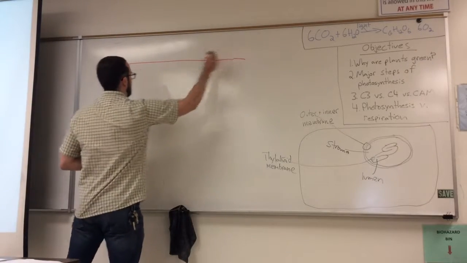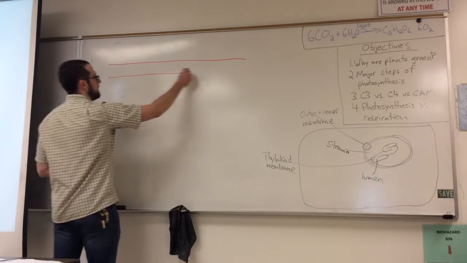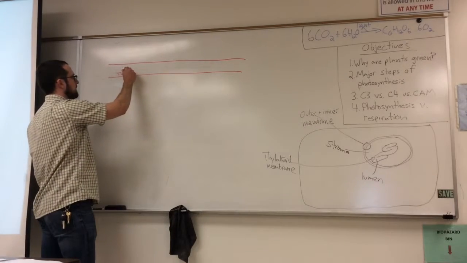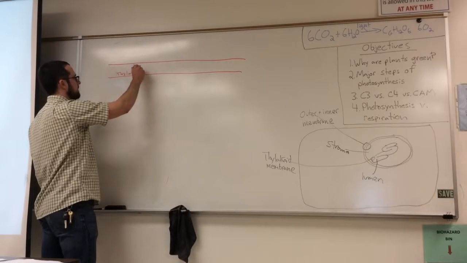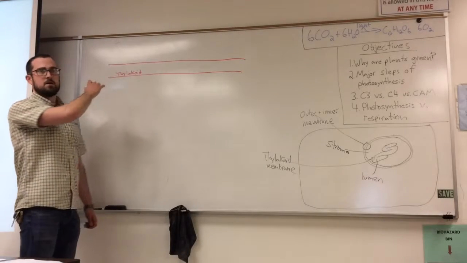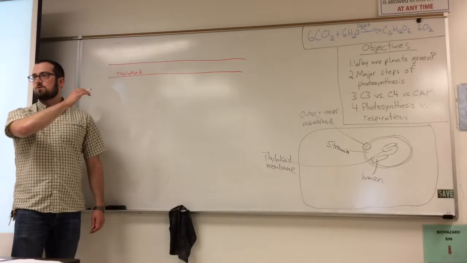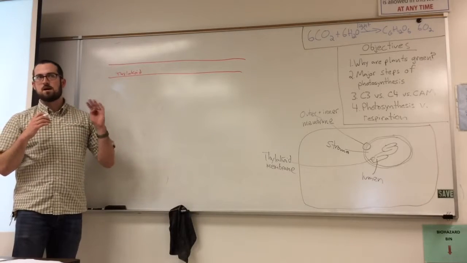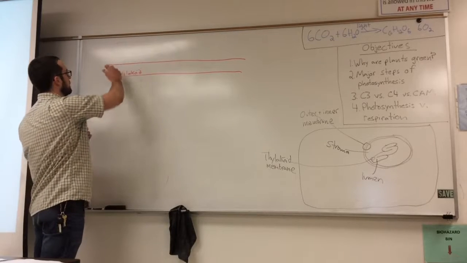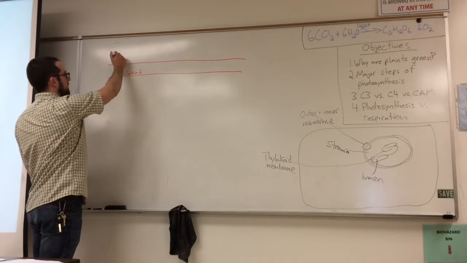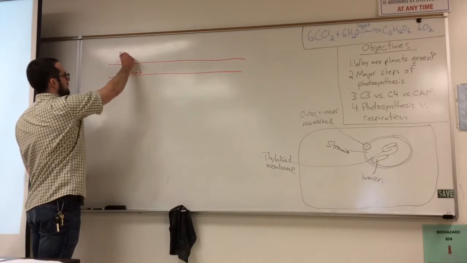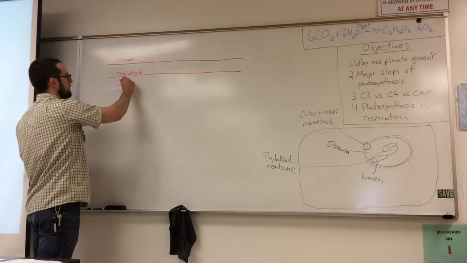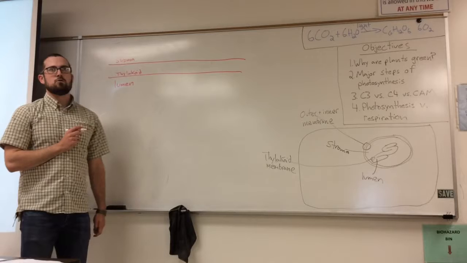So this will be our thylakoid membrane here. And outside of the thylakoid membrane, we have the stroma. So that's the space in between the membrane and the outer edge of the chloroplast. Stroma. And then inside the thylakoid, we've got the lumen.